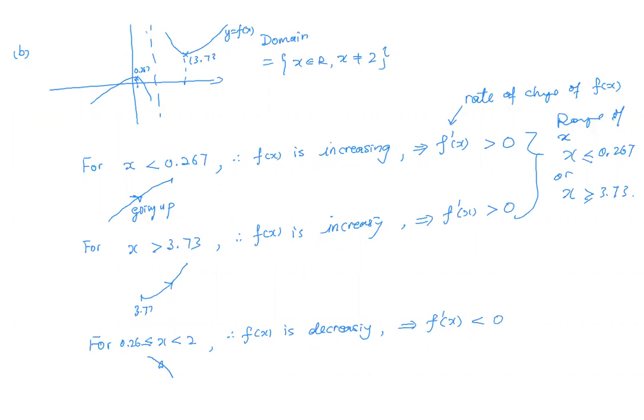Another part will be x greater than 2, cannot be equal because this is a vertical asymptote, but less than or equal to 3.73. f(x) is also decreasing because the graph is going down like that.